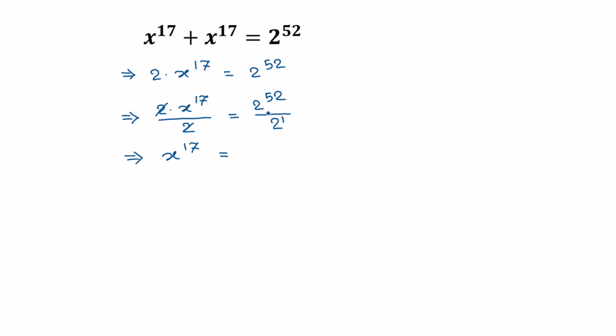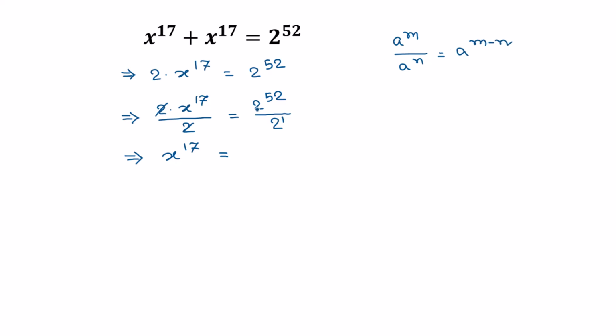Now according to the exponential formula, a to the power m divided by a to the power n is equal to a to the power m minus n.